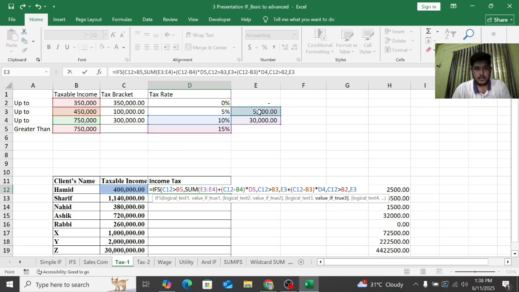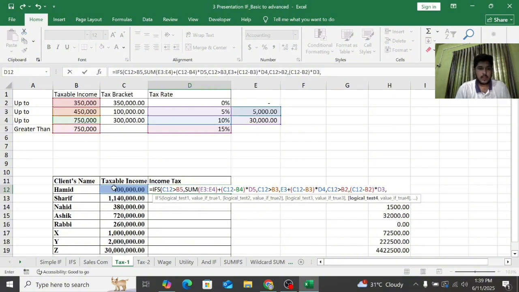If our taxable income is more than 3,50,000, we are going to charge our taxable income minus 3,50,000 into 5%. Okay, and the last one is, what if we are not in the tax bracket, or we don't have to pay any tax if our income is less than 3,50,000.